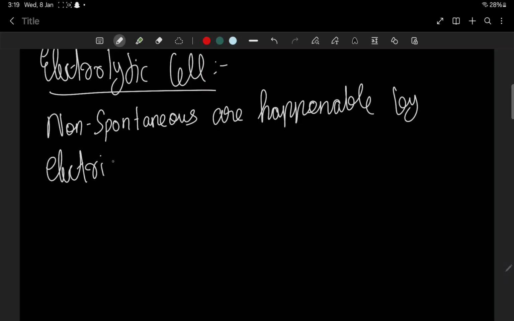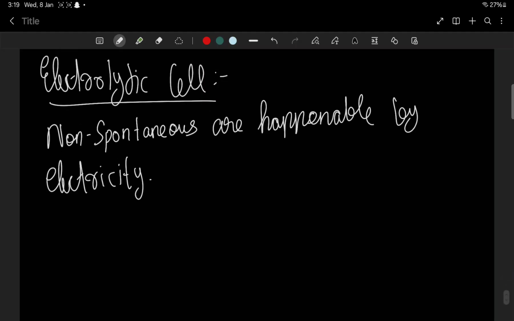As we pass electricity through an electrolyte, non-spontaneous reactions happen. This is the principle of the electrolytic cell. The opposite of a galvanic cell is what an electrolytic cell is doing.